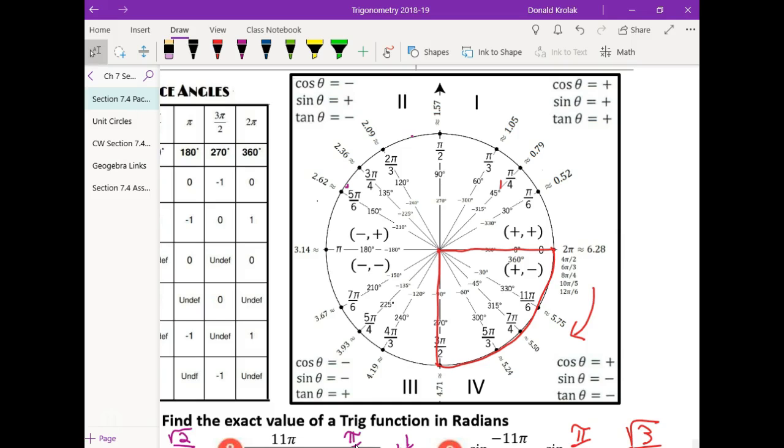So we've got to count 11 of those. Okay, so where do you end up when you count 11 of those slices? Okay, Sarah. Okay, we're in the first quadrant. Yep, so we end up right there. So we counted 11: 1, 2, 3, 4, 5, 6, 7, 8, 9, 10, 11.